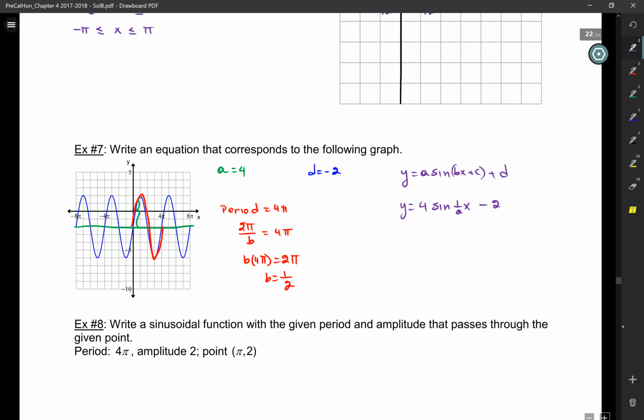Now, if you leave it like that, if there are no parentheses, it's understood that the -2 is your d. If you put parentheses like this, no good, because now the -2 became a C. If you put parentheses like this, that's okay. So either those or none at all. You can, but it's not conventional.